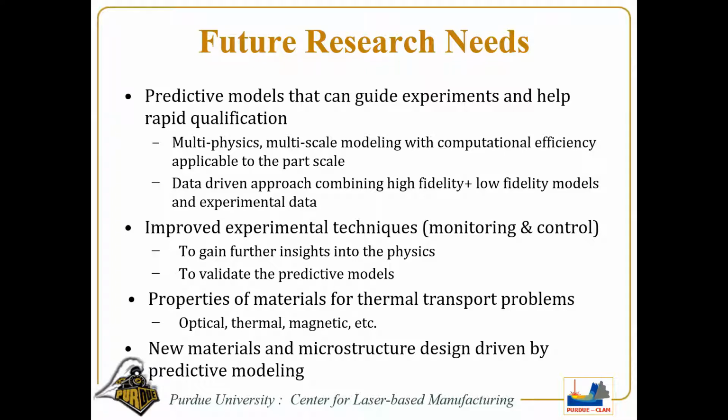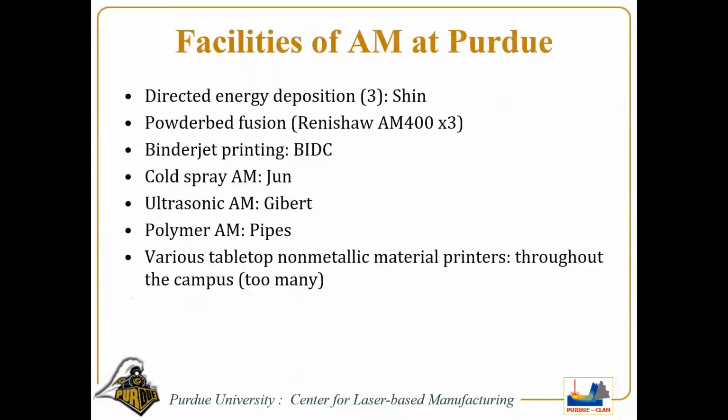Now we have ways of doing this because there are a lot of computational tools you can use to explore different materials at the atomic level, also at the lattice level. So you can actually do this type of discovery of new materials and microstructure by using predictive models. That's another area that we see.